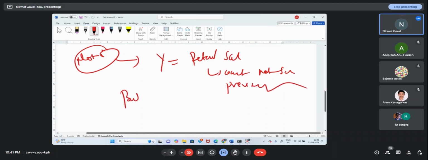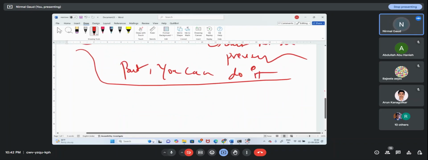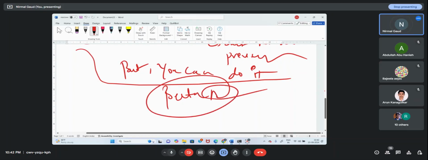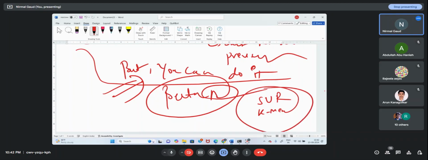But you can do it, and check. I hope there will be a change in the answer. Possibly, you may get a better answer. Try it: scale Y also in SVR and K means. I haven't done it. You can.